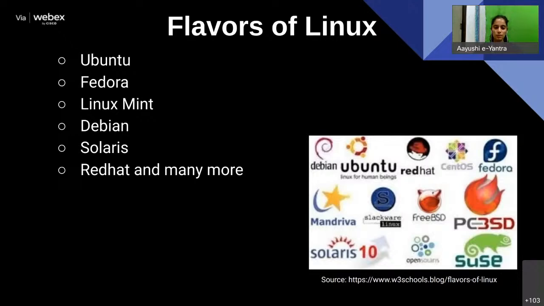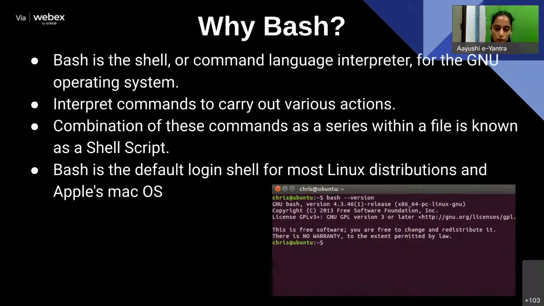Okay, so if we talk about Ubuntu, as we are very familiar with it, whenever you open Ubuntu, you will see this screen, which is very common. And what is this? This is a terminal. And what does a terminal do?